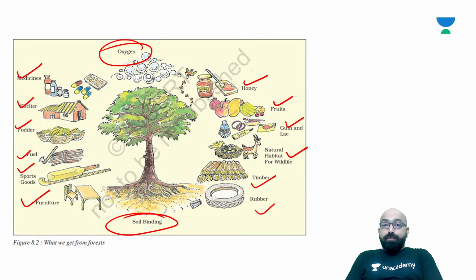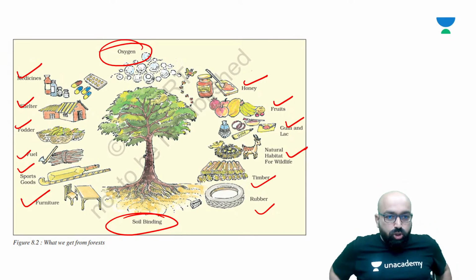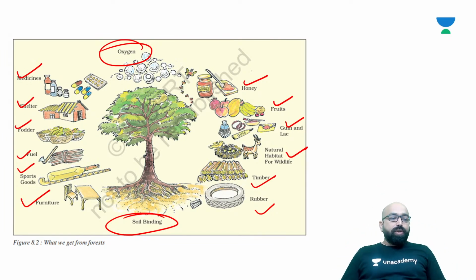We can have special programs like Van Mahotsav to involve more people in making our earth green. Yes, now the image is also showing what we get from forests.